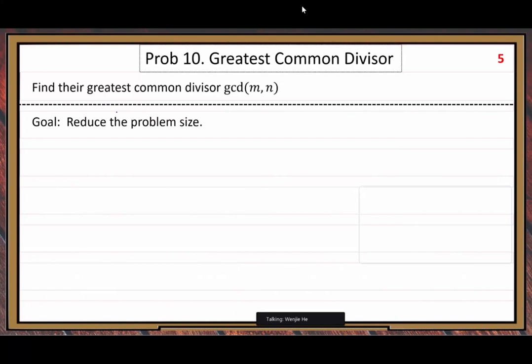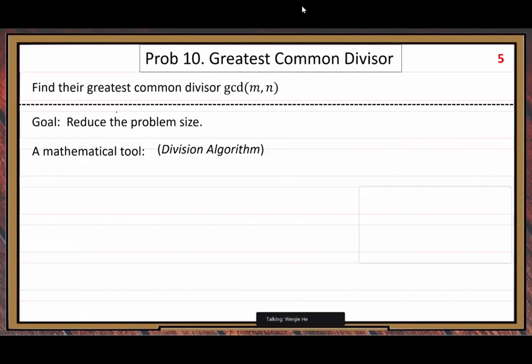For this new solution, we apply our commonly used method: reduce the problem size to make it easier. How to reduce? We need to use recursion to do it. The most important mathematical tool we need to apply here is called the division algorithm.